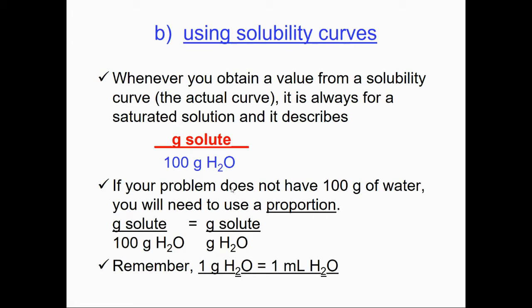Because your left axis, your y-axis, assumes you have 100 grams of water, and you're trying to find how many grams of solute you have. So if you are on that line, you are a saturated solution. If your problem does not have 100 grams of water, then you're going to need to use a proportion. You'll have to figure out how many grams of solute would dissolve in 100 grams of water, and then use a proportion to actually figure out how much solute you have. And I'll show you examples of this in a minute.